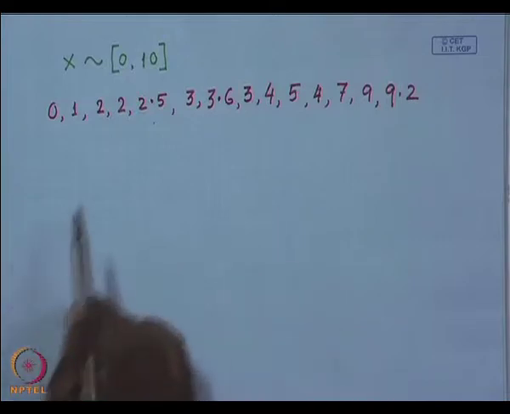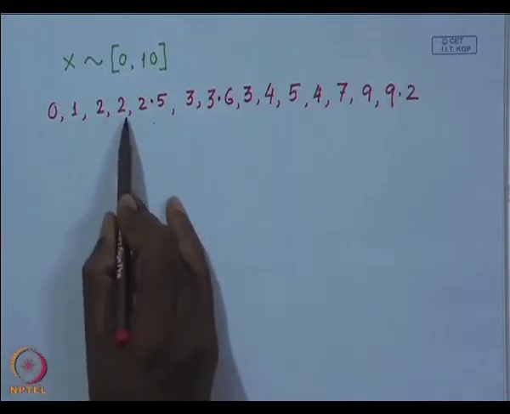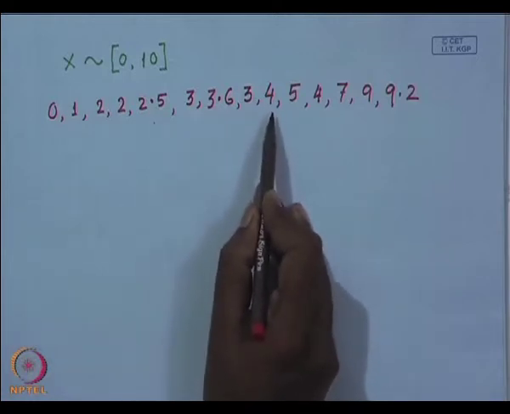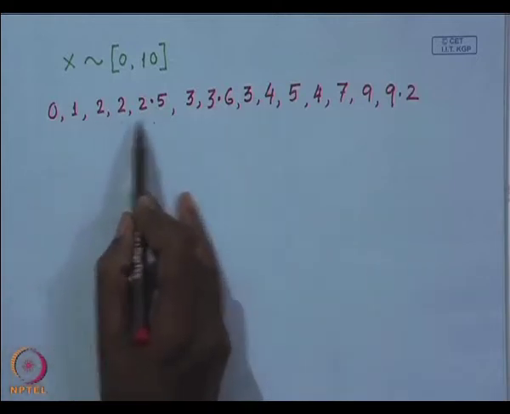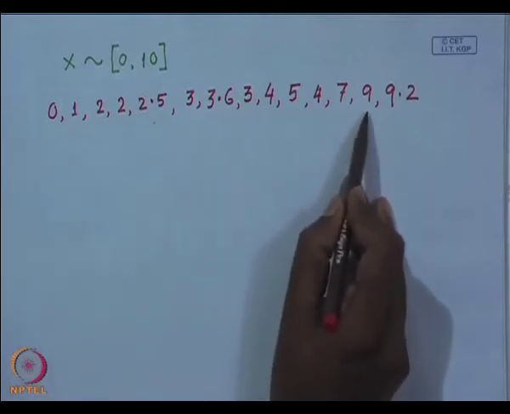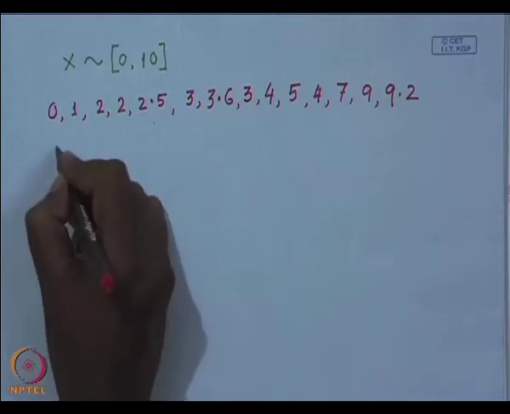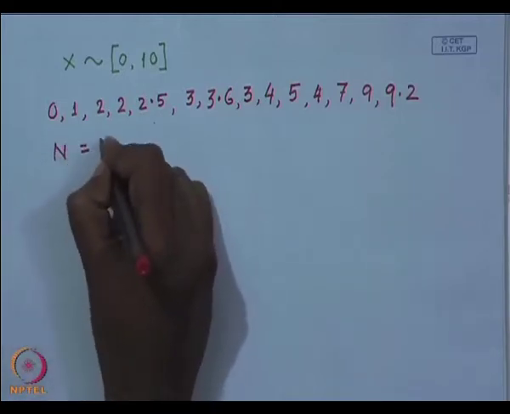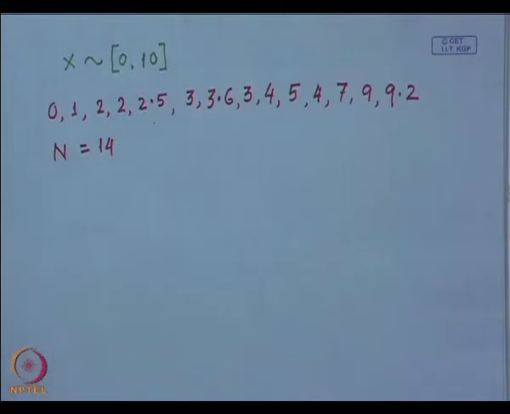So, the number of samples that I have is 1, 2, 3, 4, 5, 6, 7, 8, 9, 10, 11, 12, 13, 14. So, I have capital N, that is the number of samples, equal to 14. And now, I want to estimate the probability density function.